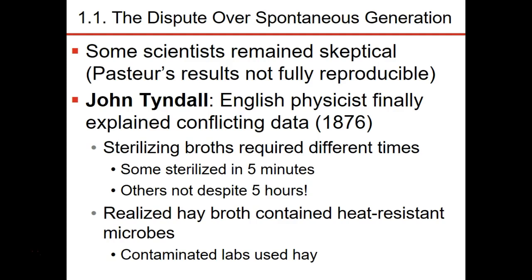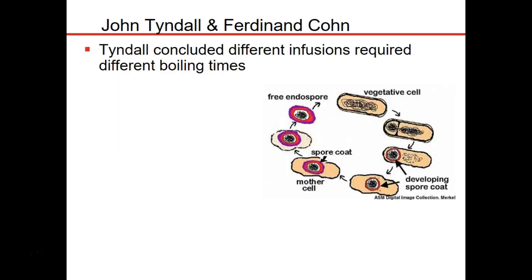And if they produced endospores, then even if you boiled for hours, the endospores would persist. And as soon as everything cooled down and the environment became beneficial for life, the endospores would germinate and you'd have those bacteria again. And so that was why they were getting different results.